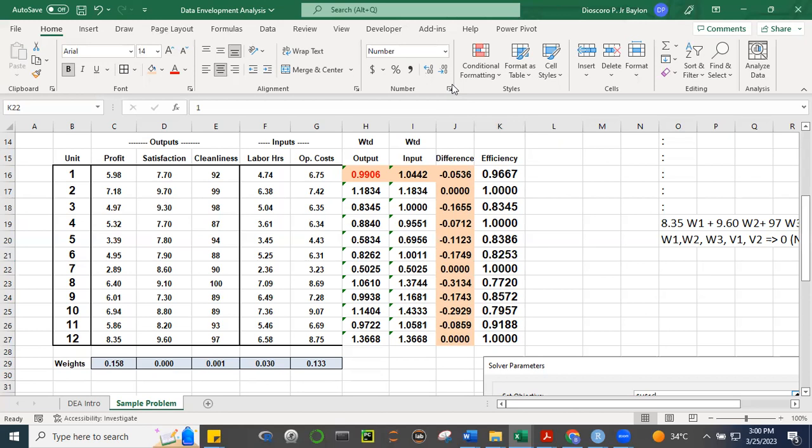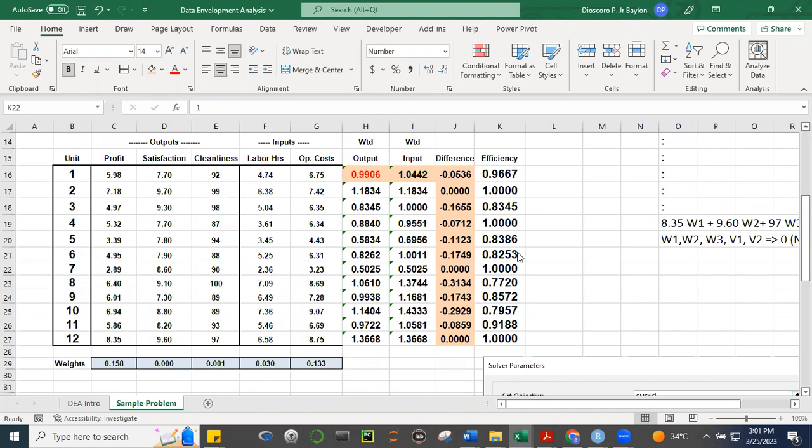Ibigay kay Earl, unit number 7, Earl? Yes, sir. Parang nagkatalo namin sa weight 3. Parang sa akin 0.0007. Sa weights, pwedeng may alternative solution na. Basta ang importante, efficiency, dapat pare-pareho tayo. So ang efficiency ni number 7? 7 ko is 1. Okay, tama, no? Pareho. So how about number 6?